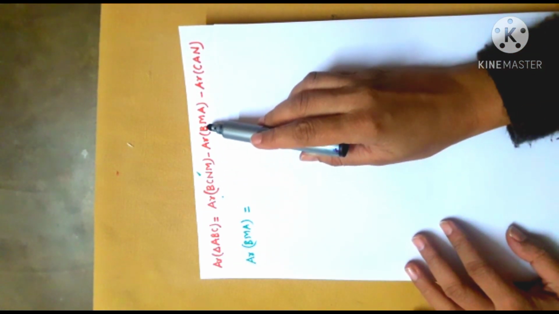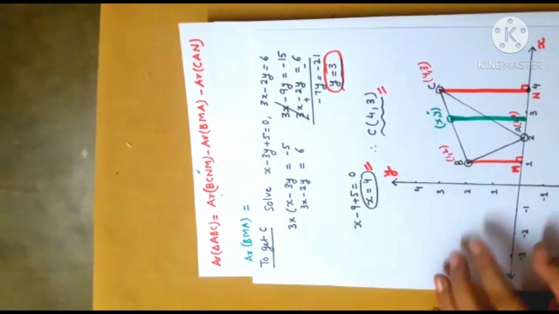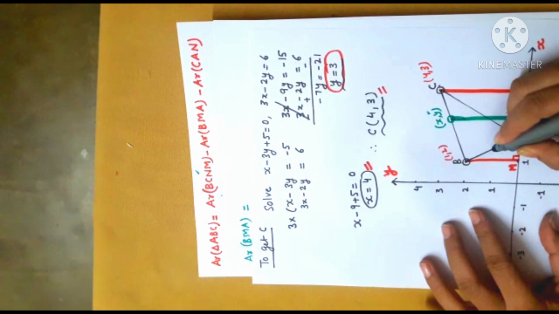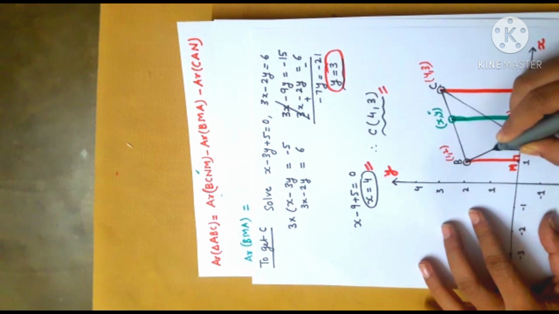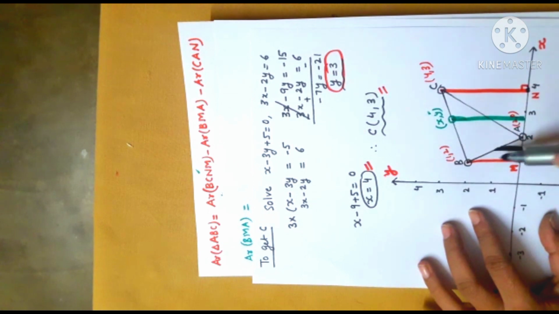Next I'll find the area BMA. For that, I'll consider a vertical strip in this part, that is in the region BMA, right?